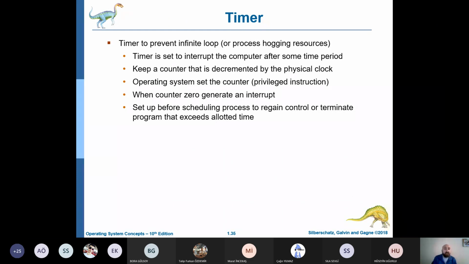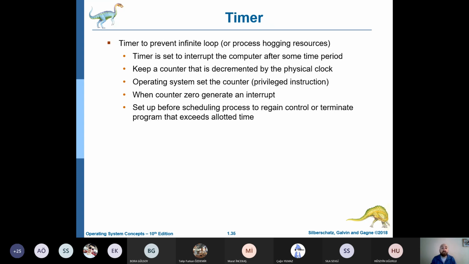A timer can be set to interrupt the computer after a specified period. The period may be fixed or variable. A variable timer is generally implemented by a fixed-rate clock and a counter. The operating system sets the counter. Every time the clock ticks, the counter is decremented. When the counter reaches 0, an interrupt occurs.